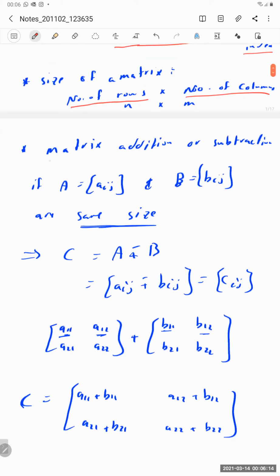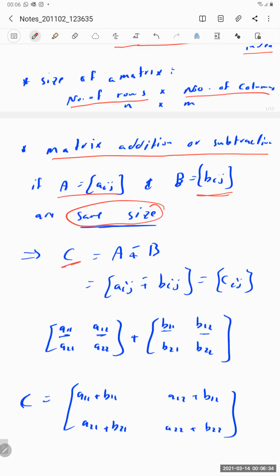To do matrix addition or subtraction, if A equal Aij and B equal Bij are the same size, عشان تعمل addition or subtraction, you have to have these matrices in the same size.